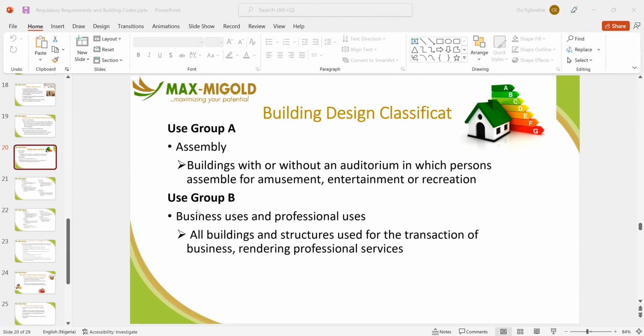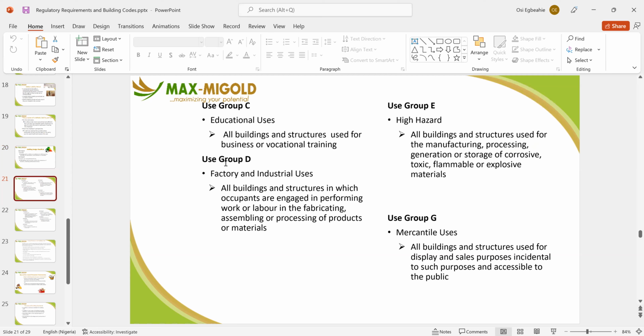We now have Group B, business use and professional uses. All buildings and structures used for transaction of business, rendering professional service. Office buildings, where you have professional bodies like the ICAN building, the Nigerian Institute of Architects building, and those professionals in the buildings.